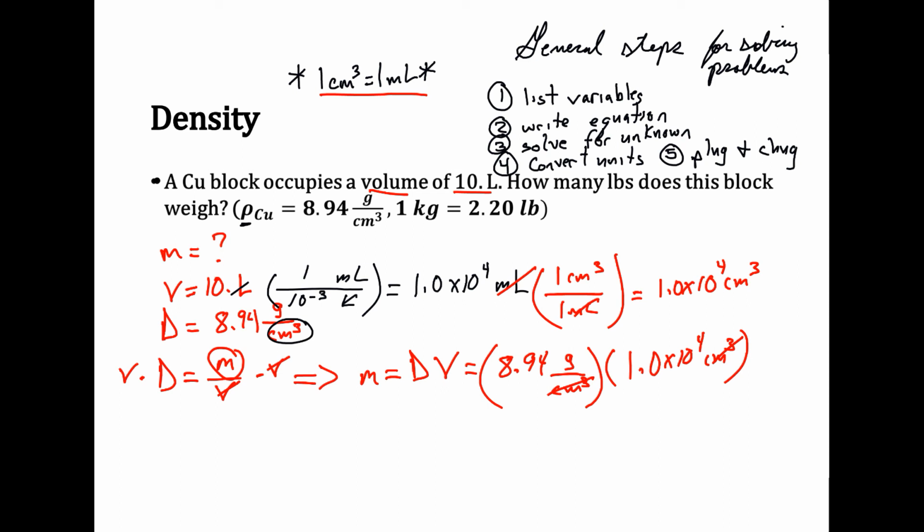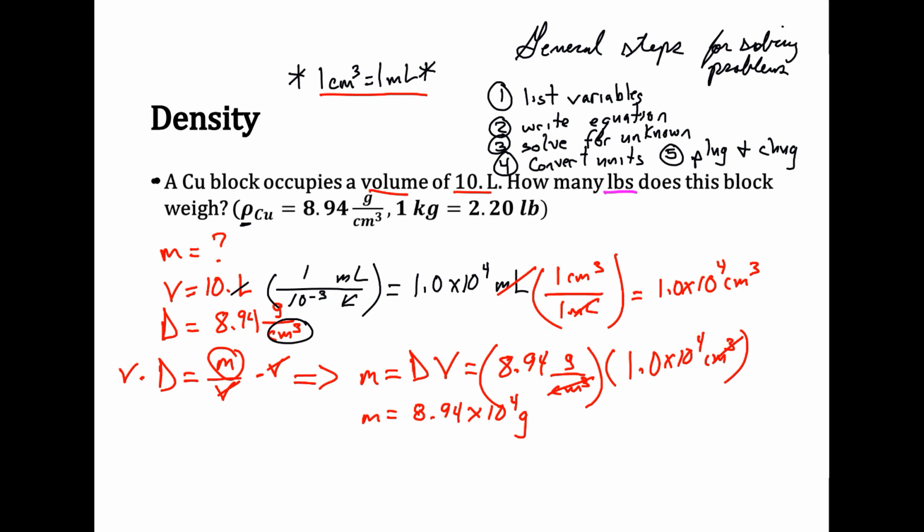And then we end up with our mass being 8.94 times 10 to the fourth grams. So we're almost there, because this problem is actually asking us to figure out how many pounds. Well, how can we go to pounds?